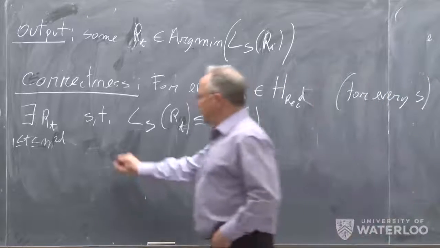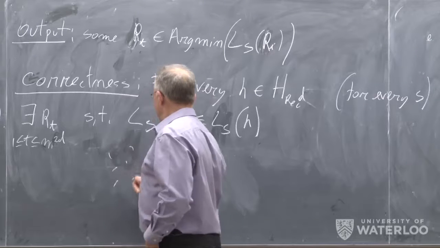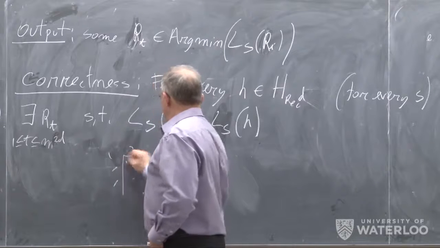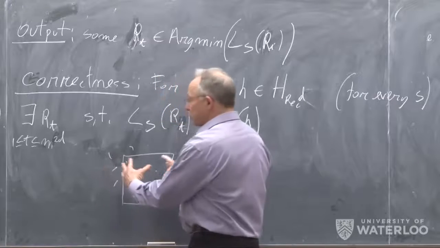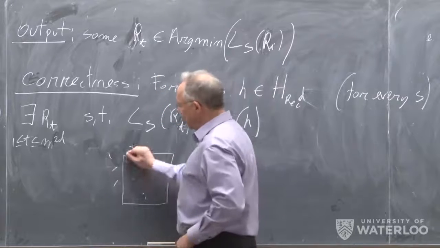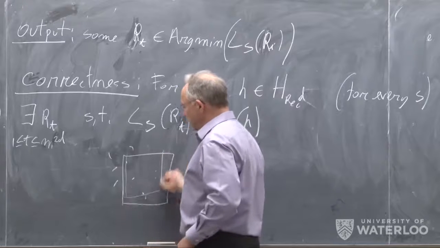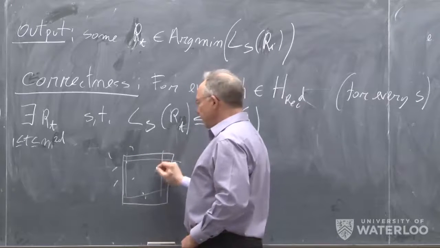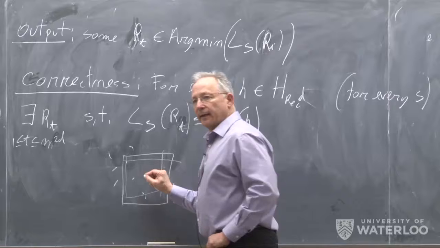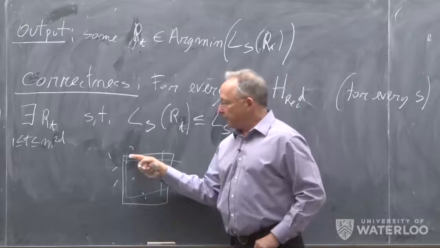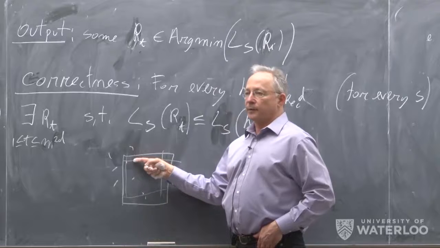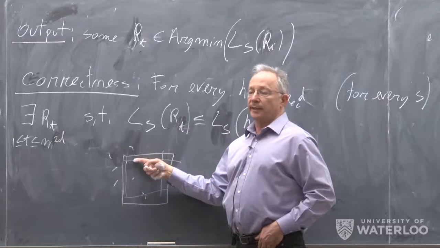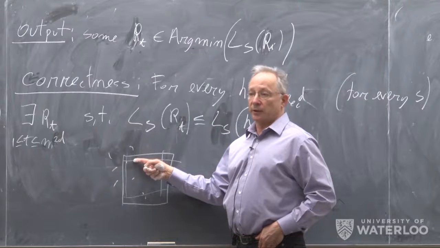And the reason is that if this was the minimum error rectangle, I could always shrink it until it touches at most D points. And then the resulting rectangle has the same empirical error, because when I shrank it, I didn't cross any point. So no point changed its labeling. So the empirical error did not change.